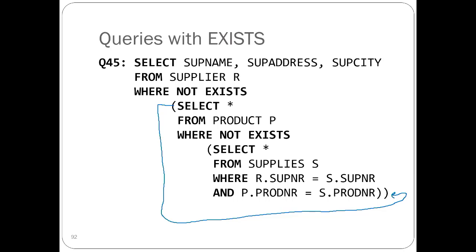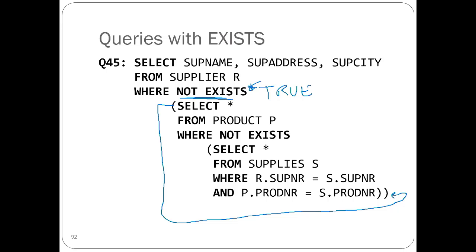This query will return some tuples. Our only interest is that this not exists will return true when? Can anyone guess when this will result in true?